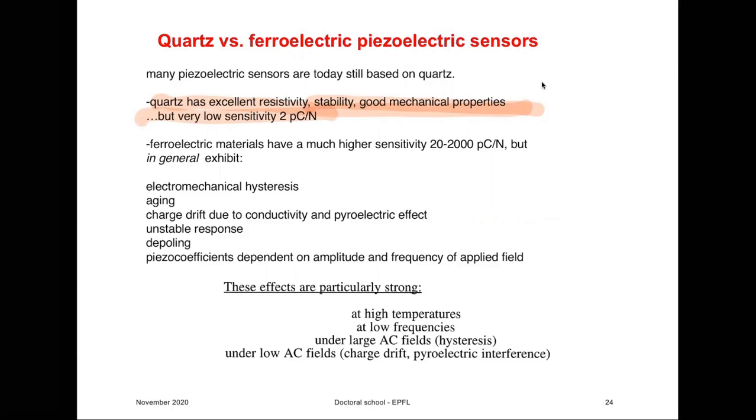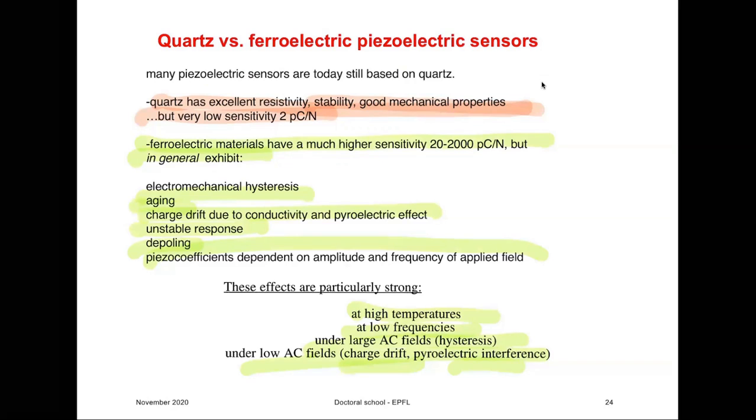Ferroelectric materials, on the other hand, have much higher sensitivity, but in general exhibit hysteresis, aging, charge drifts due to conductivity and pyroelectric effect, poling-dependent nonlinearity, and these effects are especially strong at high temperatures, low frequencies, large AC field where you have hysteresis, and so on. And at low dynamic pressures, there would be interference with pyroelectric effect and charge drifts.